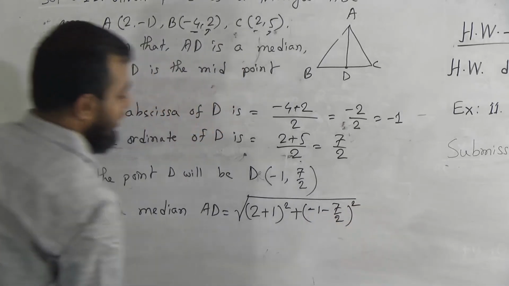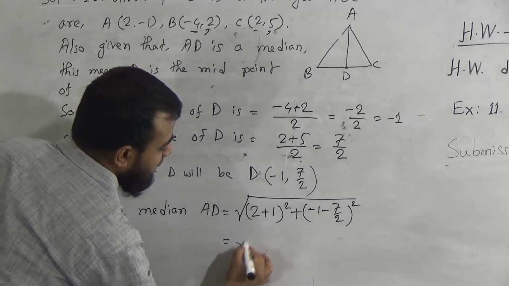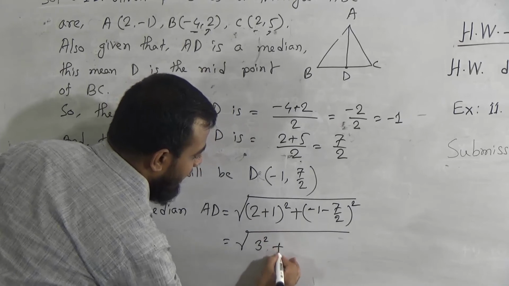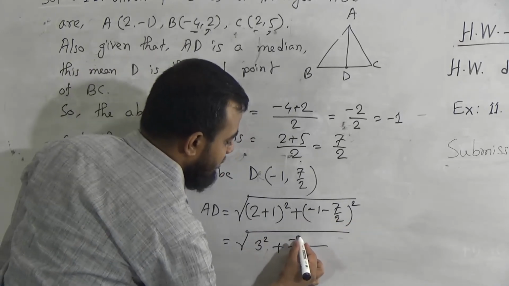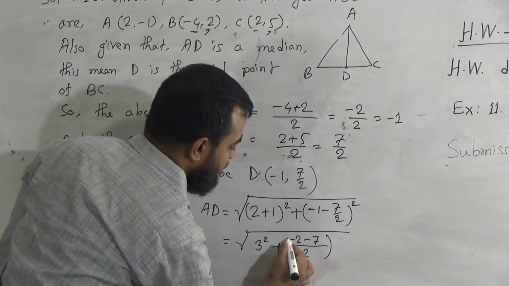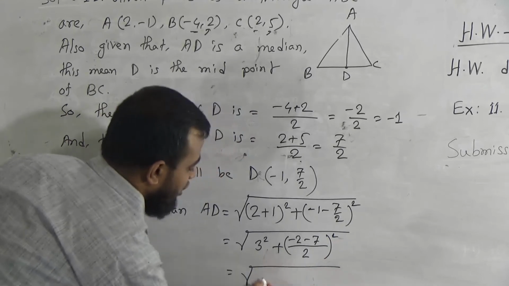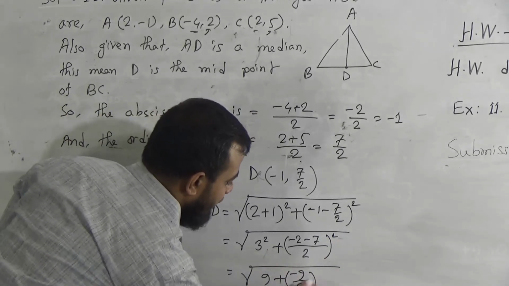It will be a simple calculation. It's the square root of (2 + 1), that is 3 square, plus (-2 - 7) by 2, that is (-9/2) whole square. So the square root of 3 square, which is 9, plus (-9/2) whole square.